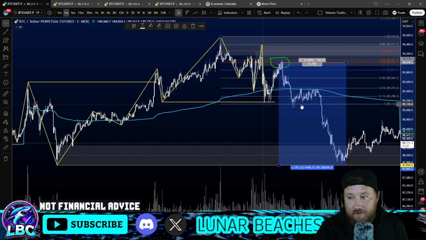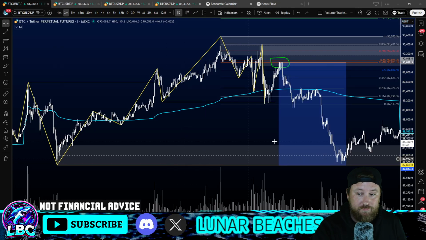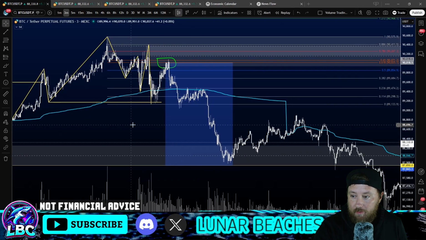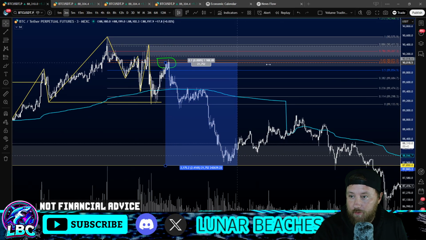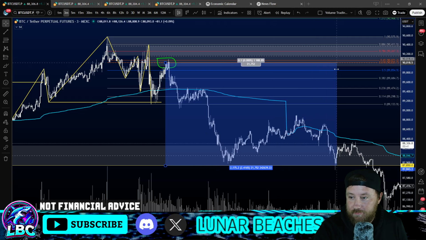That's going to be my first take profit. And then my next take profit will be this swing low here, and then this demand zone, and then this low right here. We actually take out that low, all the way over here.